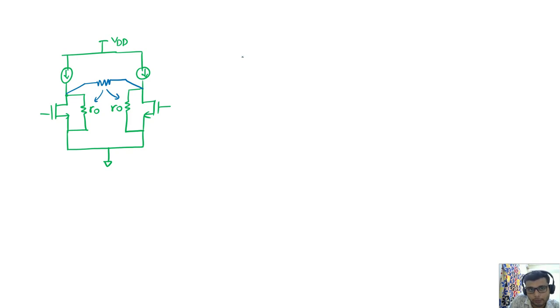So overall, we can analyze the circuit like, if this is the practical circuit where the RDS is there, we can find this. This is the virtual short 0. So what I can say, V out 1 is nothing but minus gm R naught 1 times V in 1.